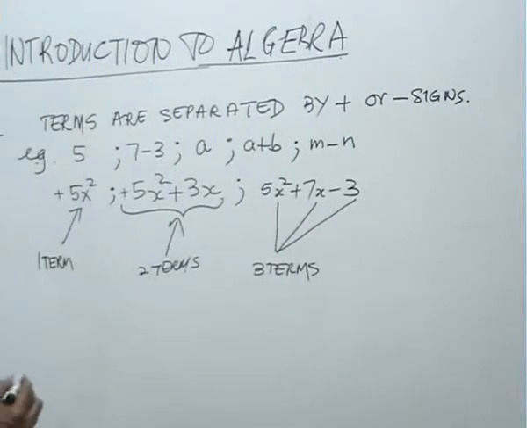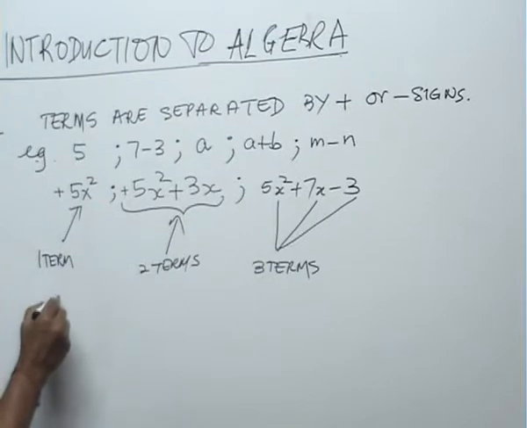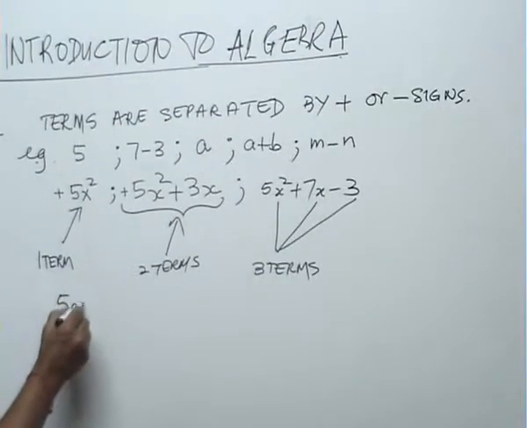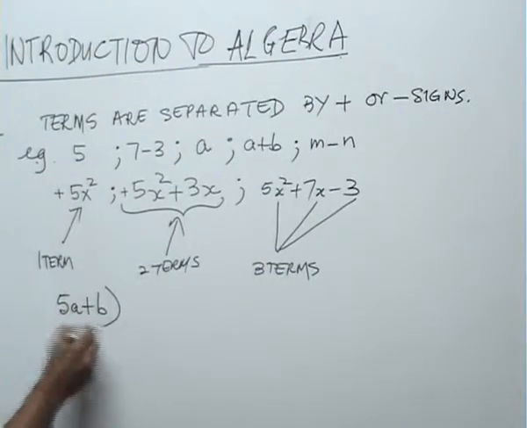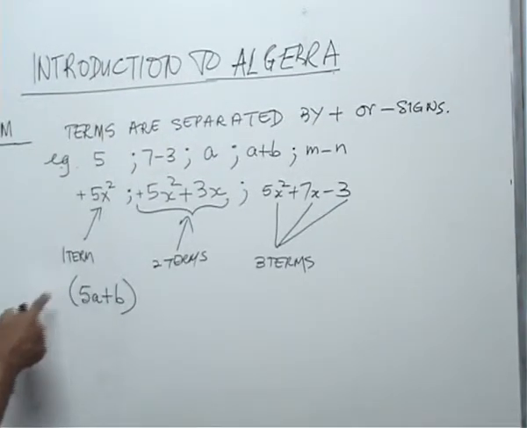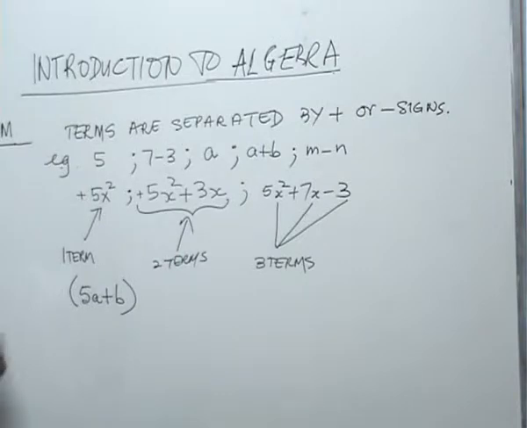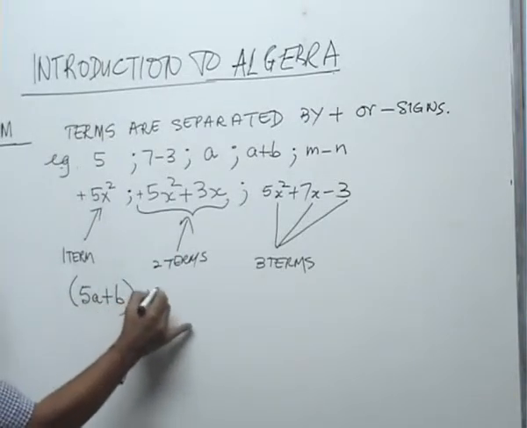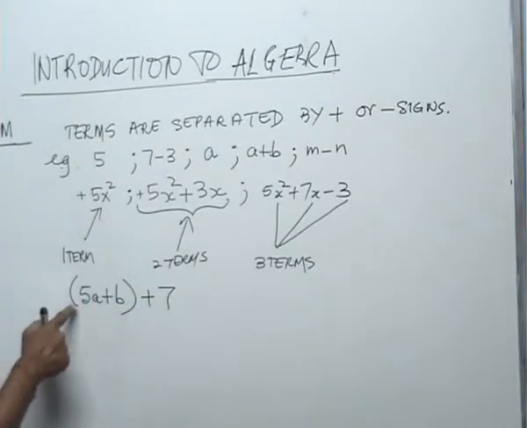Now you have to remember that if things are written inside a bracket, like 5a plus b is written inside a bracket, and I ask you how many terms in this example, then let's make it like this, plus 7.